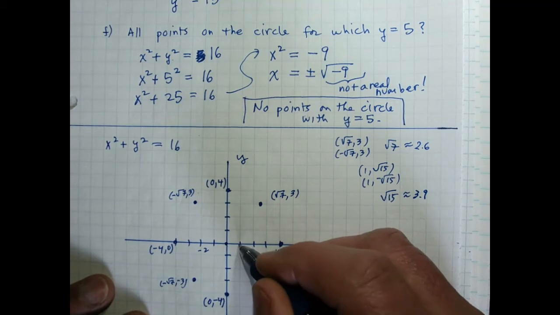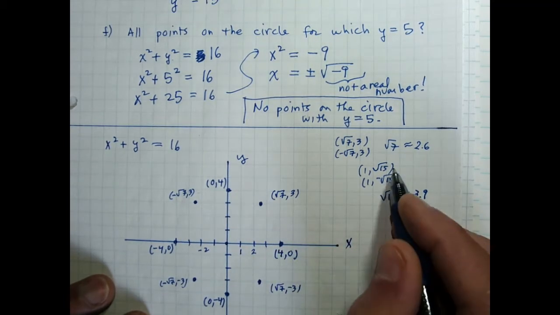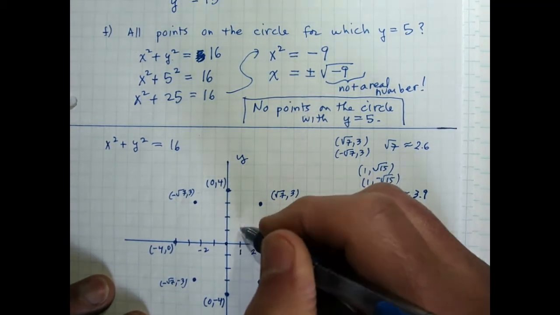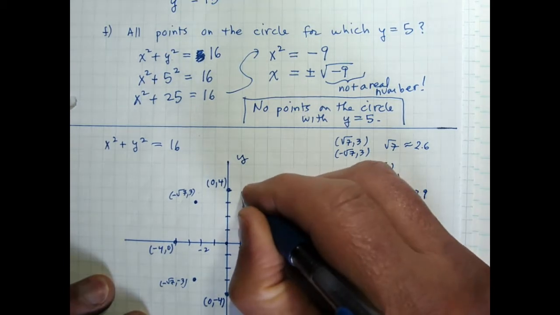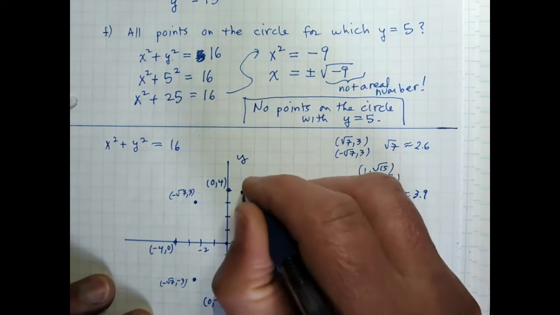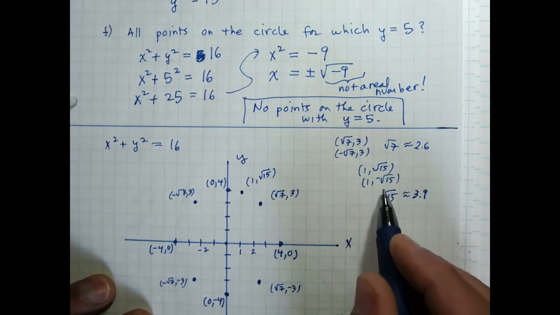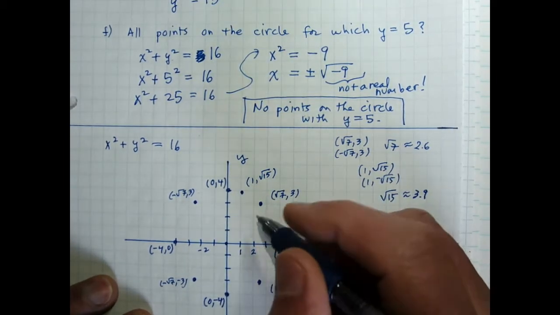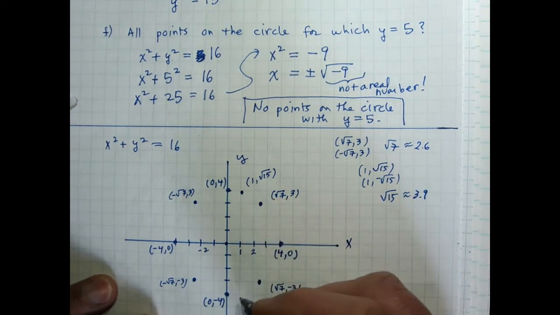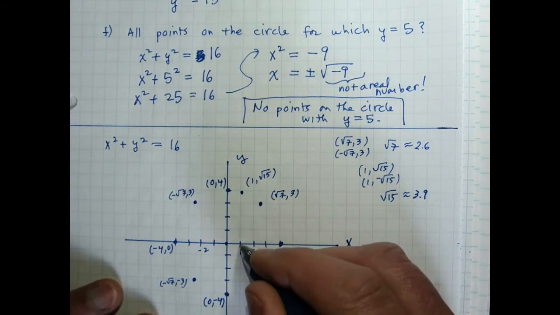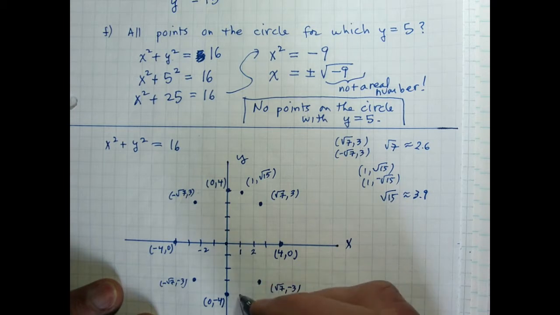So I got 1, square root of 15, 1, 3.9, way up there. And then I had 1, negative square root of 15, positive 1, negative square root of 15. So 1, 2, 3, 3.9.